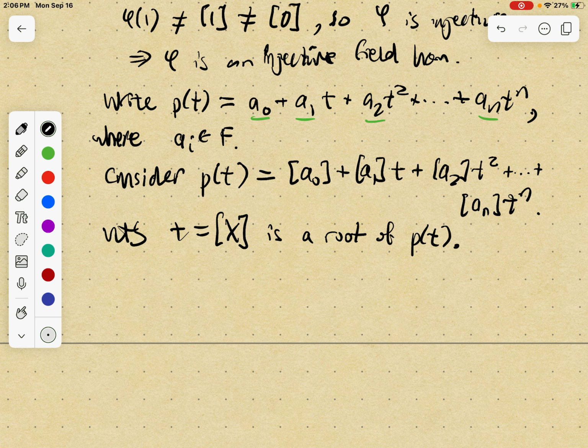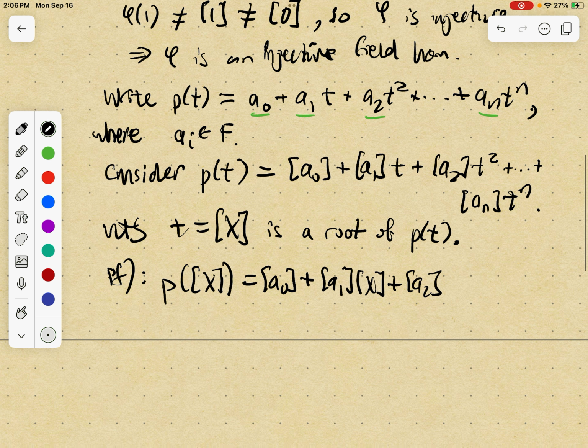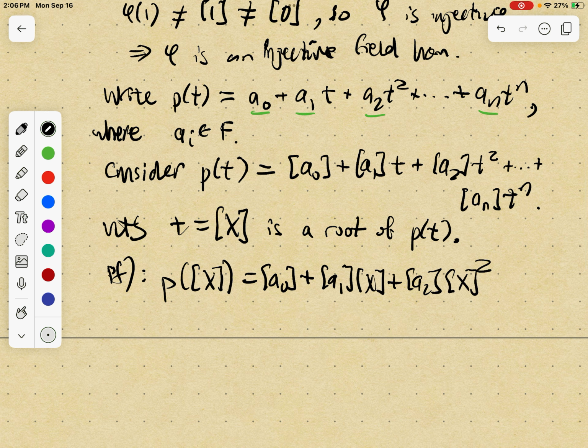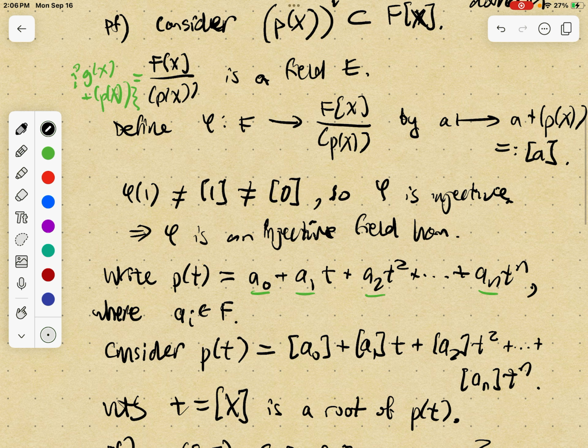Okay, which this is. So the proof goes, okay, well, if you substitute it in, what do you get? You get this plus this times this plus this times this squared plus dot dot dot plus this times that to the nth power. Now remember how we defined the field.